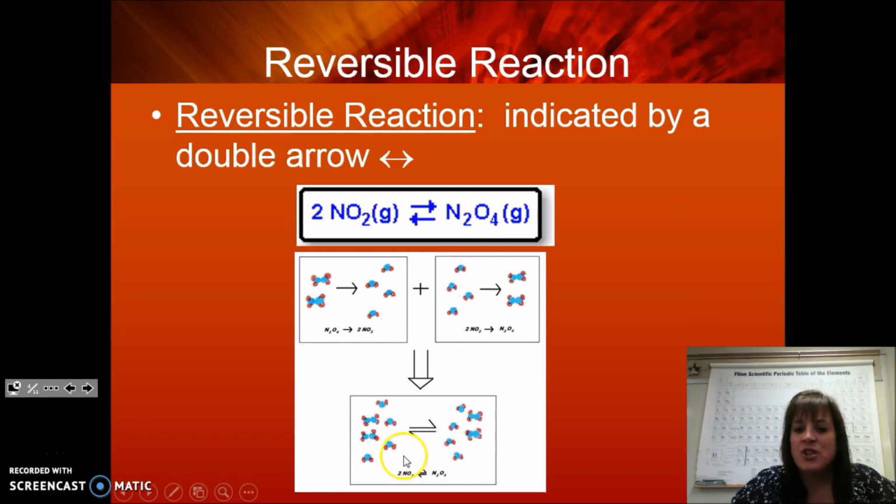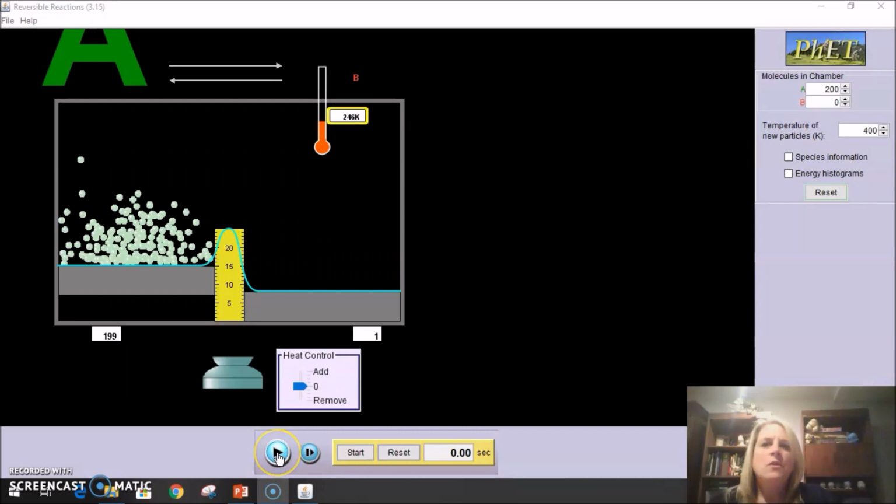And so I have this reaction going in both directions. I have the forward reaction where reactants form products, and the reverse reaction where products reform the reactants. Pretty cool.